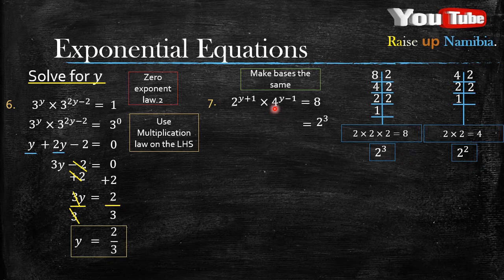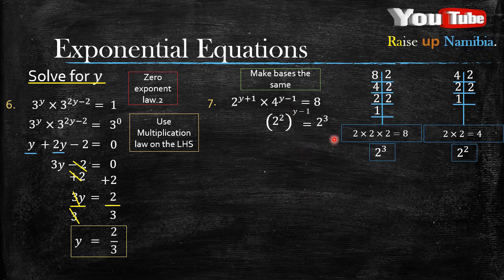Remember guys, you are not replacing the exponent, you are replacing the 4. So if you are replacing the 4, you will have to introduce brackets to accommodate the exponent. Okay? So you write the exponent outside the bracket.